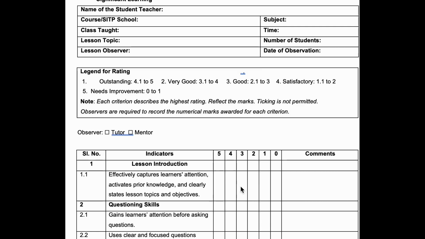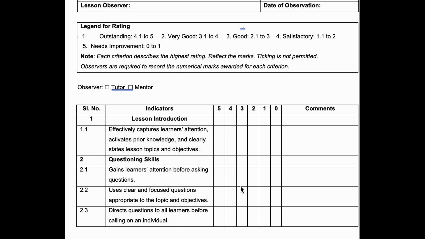Did the student teacher connect the lesson to learners' previous knowledge or experiences? Were the lesson topic and objectives clearly explained so that the learners understood what they were expected to learn? A strong introduction creates interest and gives learners a clear purpose for the lesson.